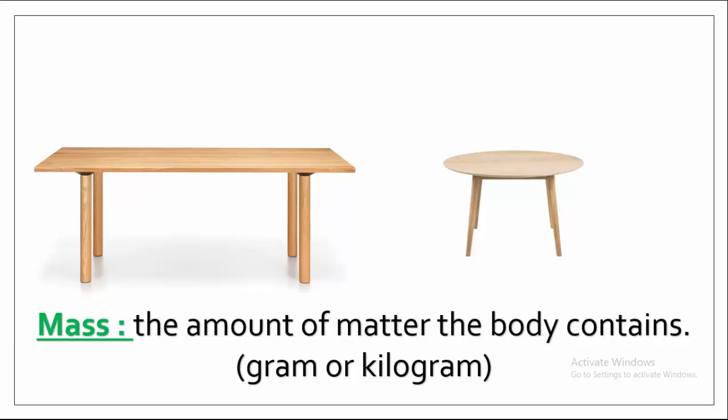It means that the mass of the large table is larger. The amount of wood that the small table contains is less. It means that the mass of the small table is less. So again, matter here is like wood. The body here could be the table.